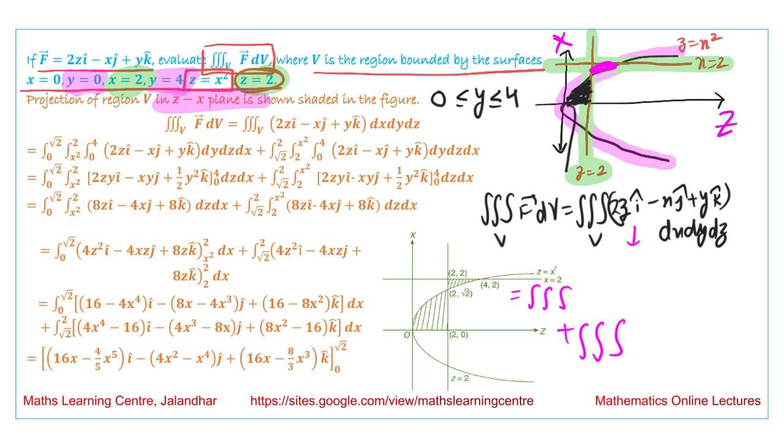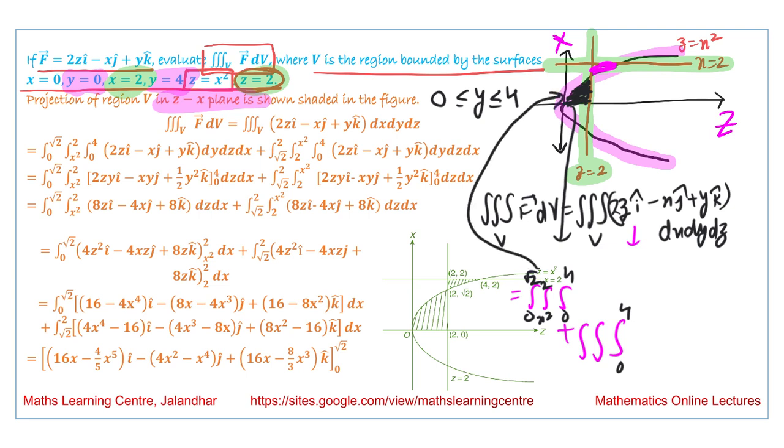In the first portion, y is fixed, varying from 0 to 4 in both cases. In this first portion, the value of z is varying from x square to 2, and the value of x is varying from 0 to square root 2. This is this portion.